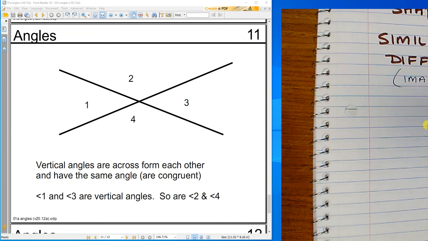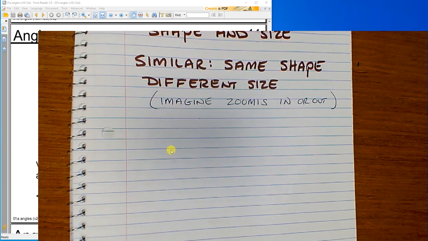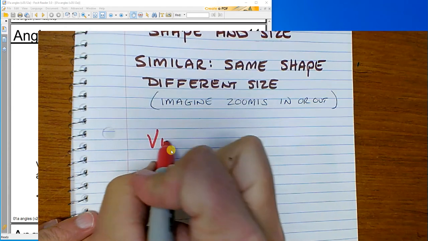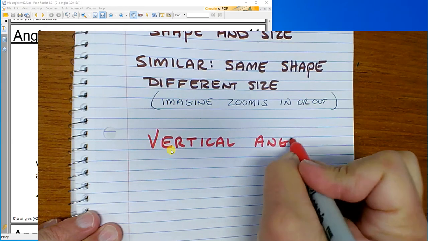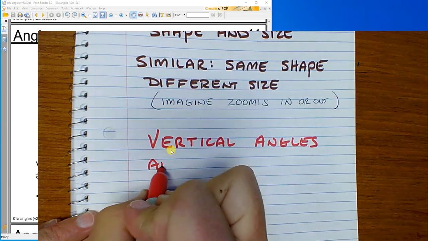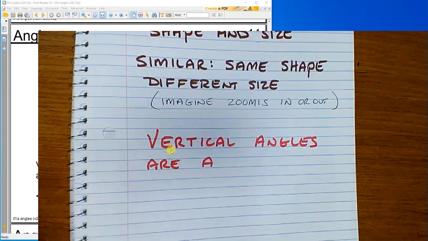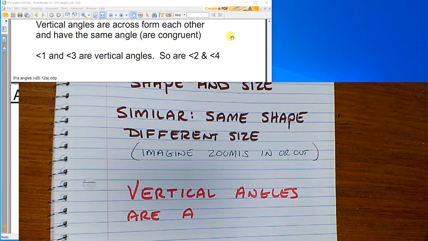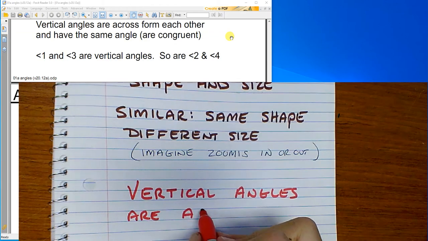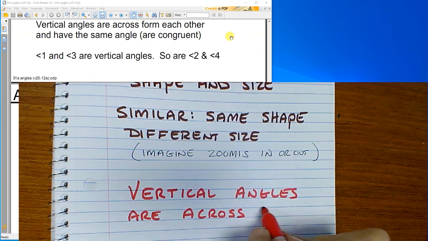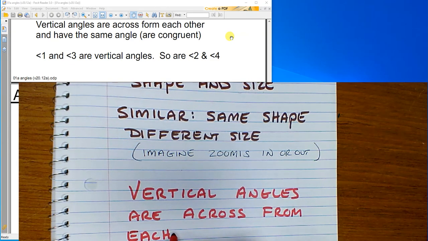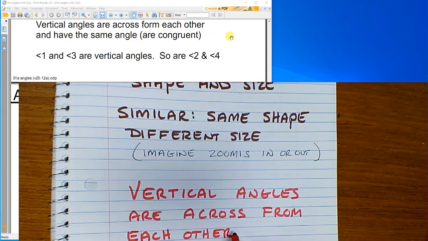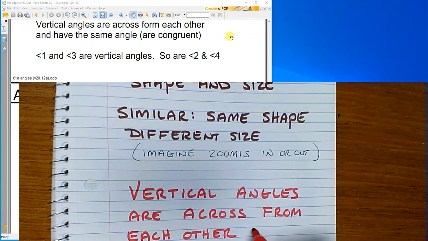And then I think our final one here are vertical angles. Vertical angles are across from each other, and are congruent.